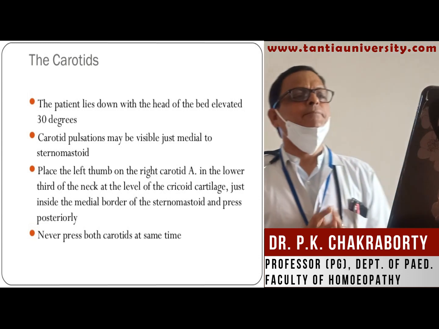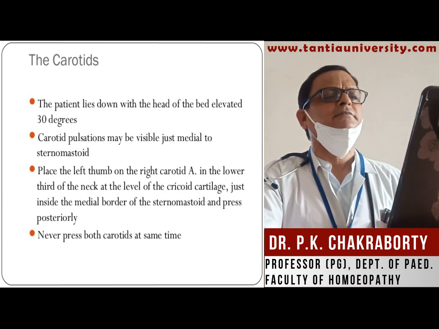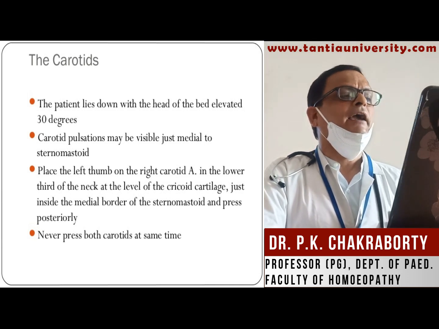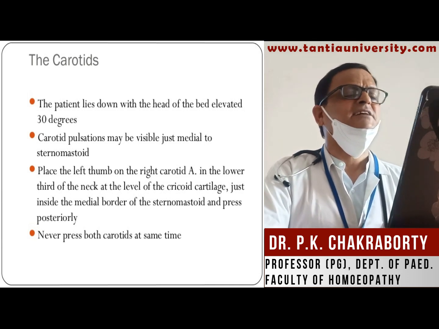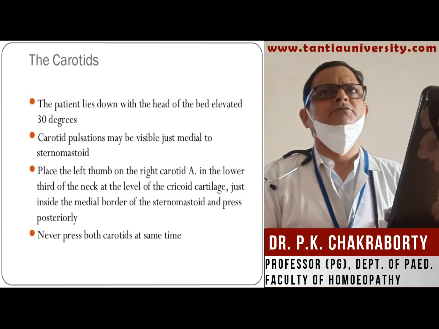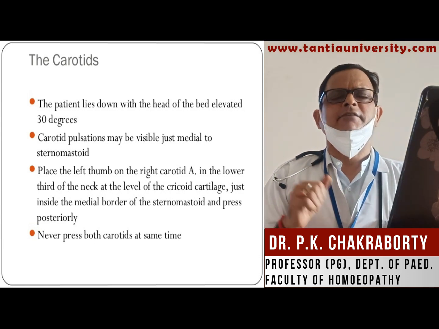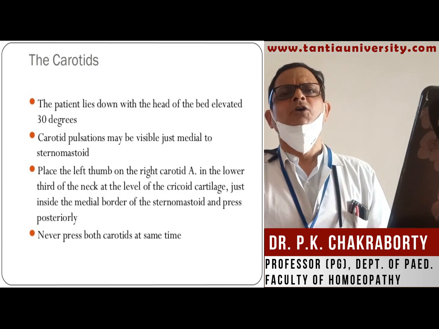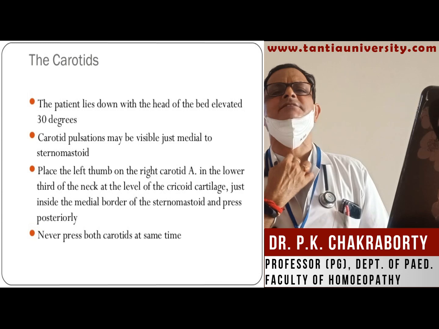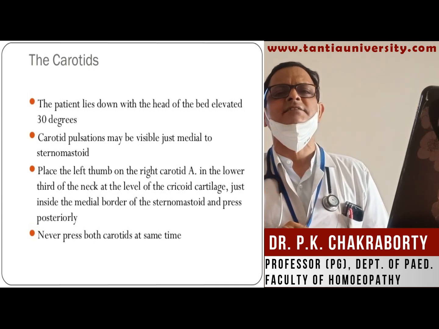In case of carotid artery pulsation, the patient lies down on the bed, and the bed should be elevated 30 degrees. Carotid pulsation may be visible just medial to the sternocleidomastoid, in the carotid triangle along the course of the carotid artery, and we have to give pressure over the cricoid cartilage. This is the thyroid cartilage, and just below it you will get the cricoid cartilage.